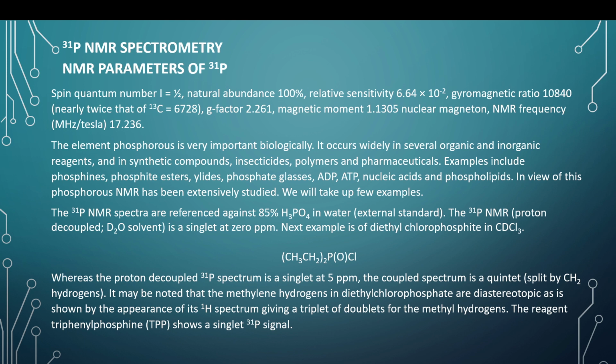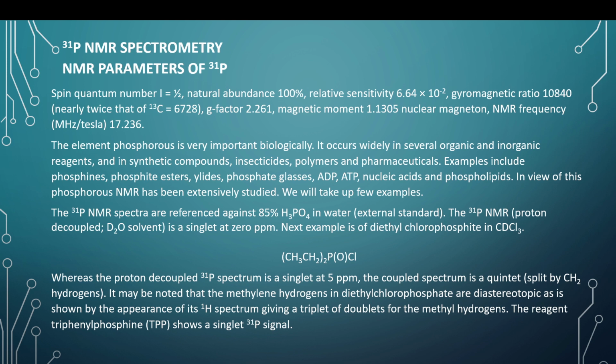31P NMR of phosphoric acid in water is used for referencing the peaks. It gives a singlet which is positioned at 0 ppm. Another example is diethyl chlorophosphate, (CH3CH2O)2POCl.